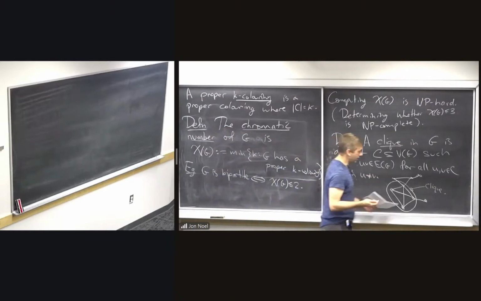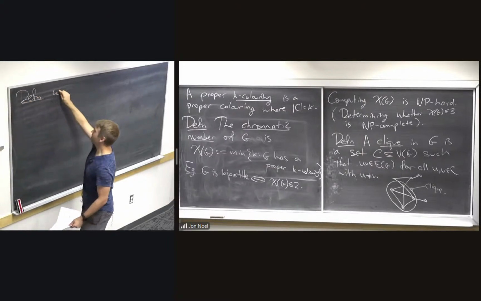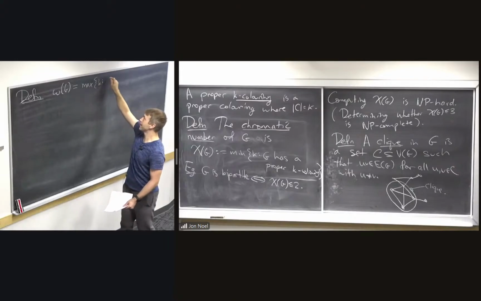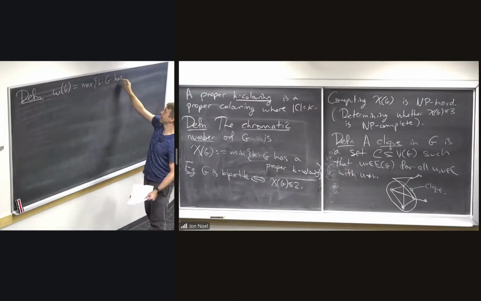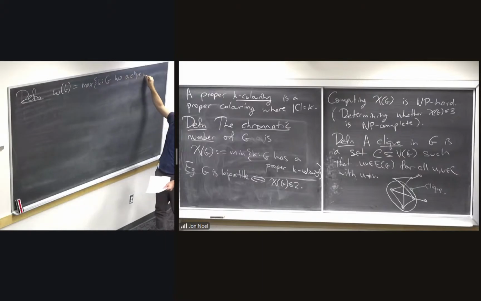One standard thing, I should define the clique number. So omega of G is the maximum K such that G has a clique with K vertices. So this is called the clique number.